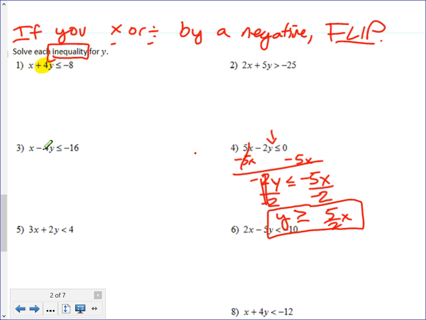Why? Divide by negative 4. Number 2, you're going to divide by 5. So no flip. Number 6, flip it. Okay? So look, it's in the problem. You can automatically tell what you're going to have to do. The coefficient of y, the number in front of y, tells you if you're going to have to flip the sign.